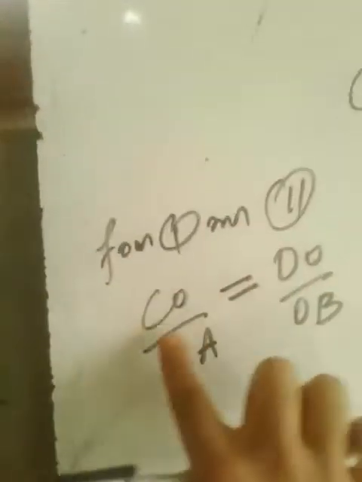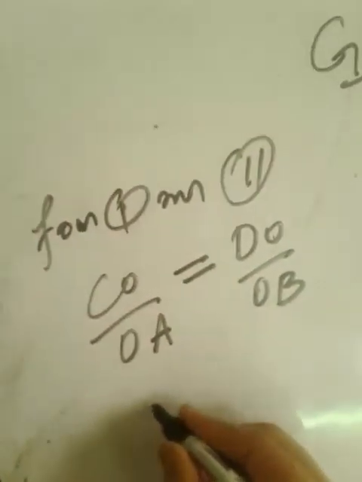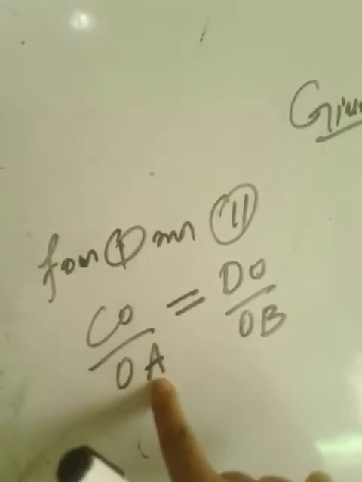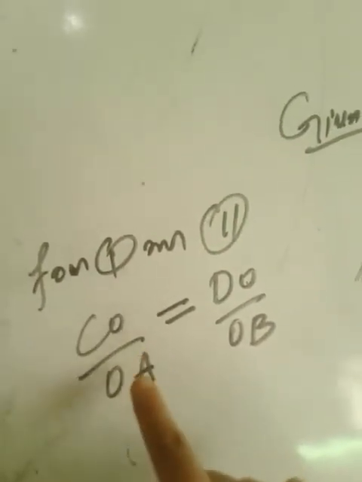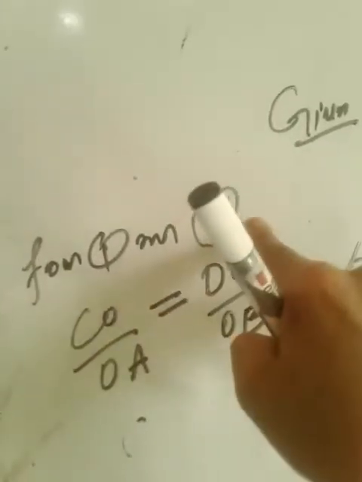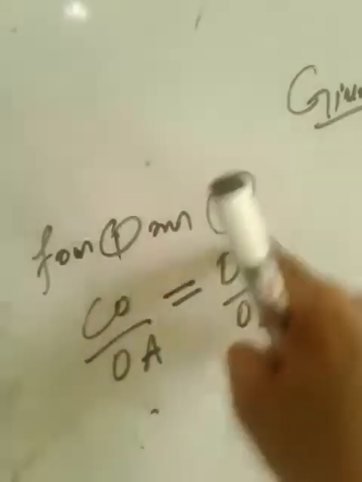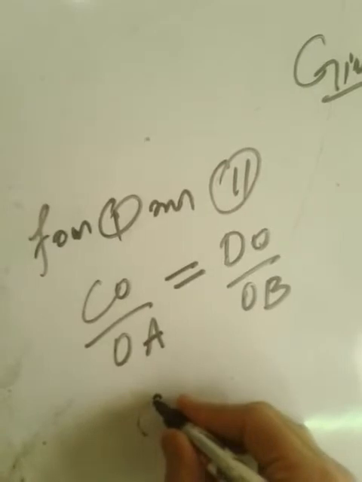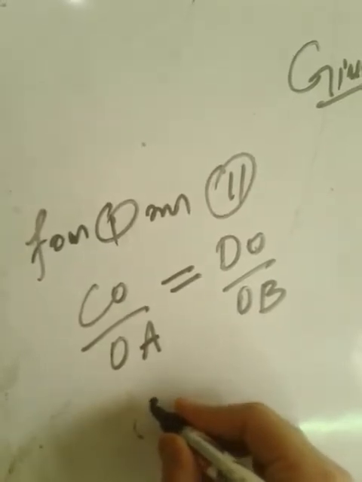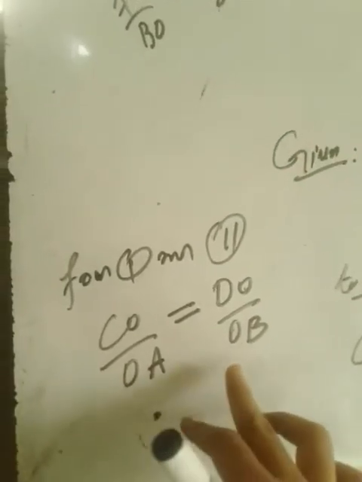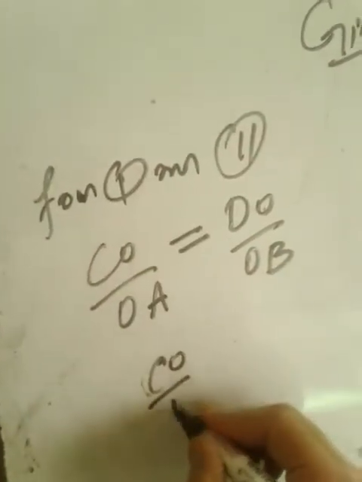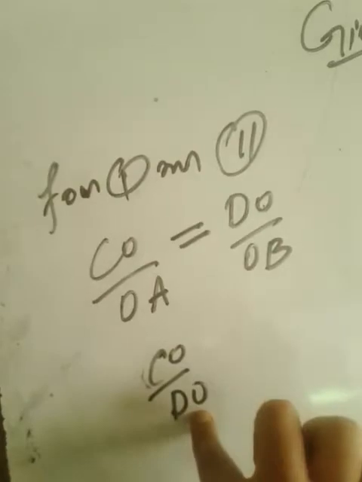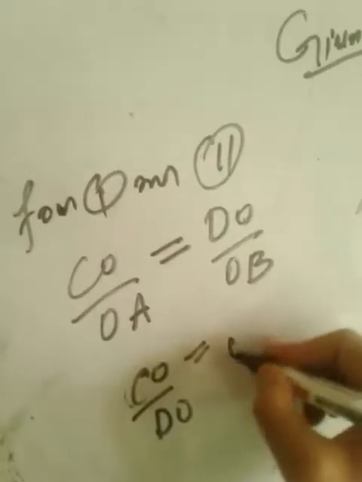Have a look, we can prove it. Take AO here and take AO here, and we get CO by DO equals OA by OB.